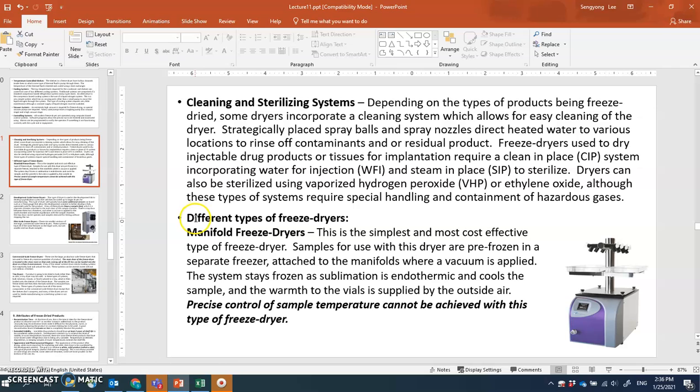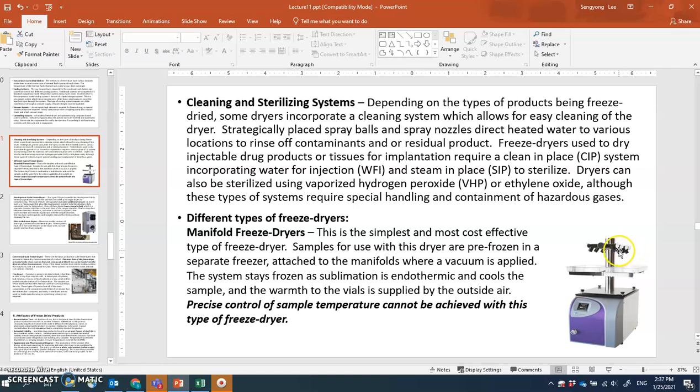And the freeze dryer design, the model. Okay, freeze dryers may come in different sizes and different capacities. There are these types of manifold freeze dryers. So manifold meaning there are valve hookups. So if you have a large vial that has some kind of material that needs to be freeze dried, the mouth of the vial is hooked up through these manifolds directly.